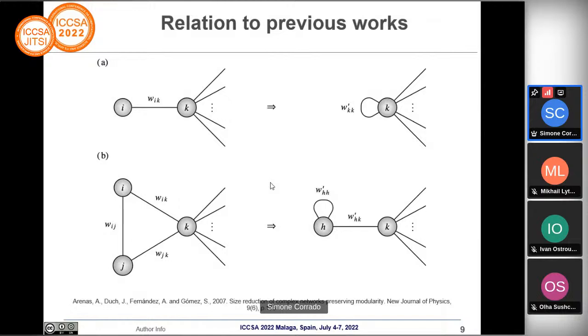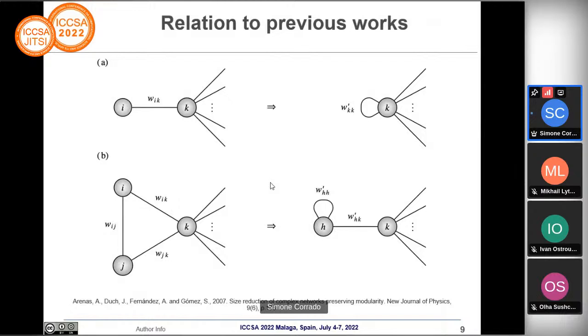Basically, he showed that what he calls a hair is just one node connected with an edge to another node and having no other edges to the network. If node i doesn't have a loop edge, then it can be shown that the modularity score w_ij would satisfy that condition of being a very strong connection.